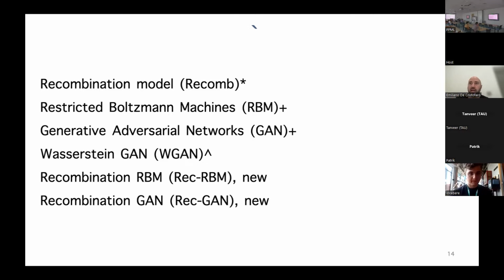There have been a number of initiatives that use recombination models, restricted Boltzmann machines, GANs, and variants of GANs, and we also experimented with combinations of these models, what we call recombination RBM and recombination GAN. Those are new approaches that we tried ourselves.